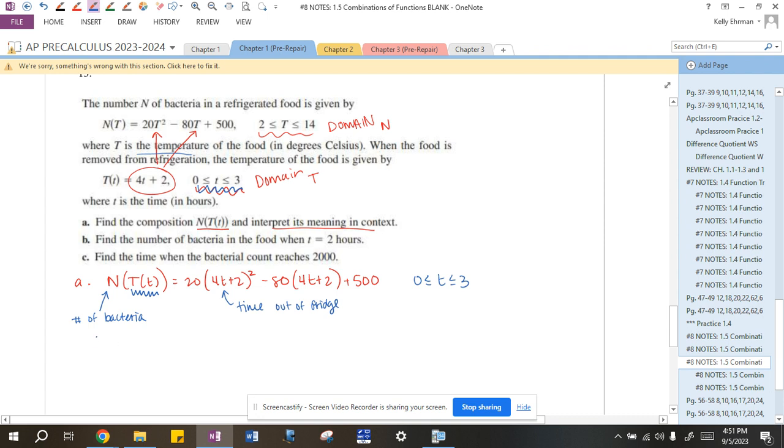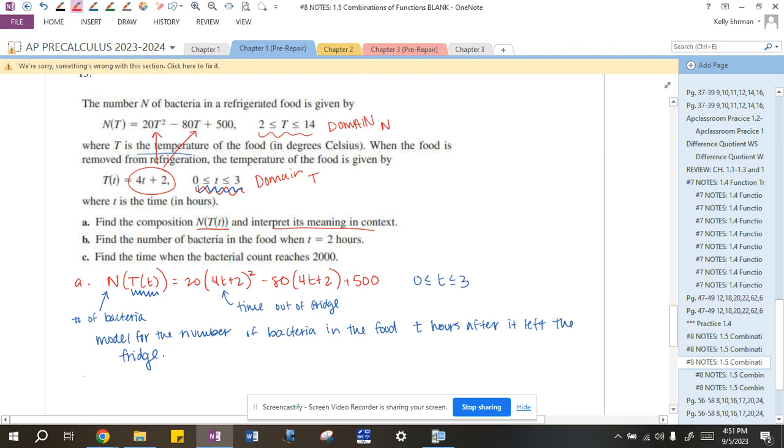This function is a model for the number of bacteria in the food t hours after it left the fridge. Something like that.